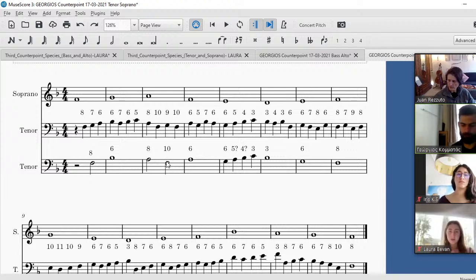In this case, the counterpoint in which you have A, and then the passing note on the third beat, you're neighboring the F here.